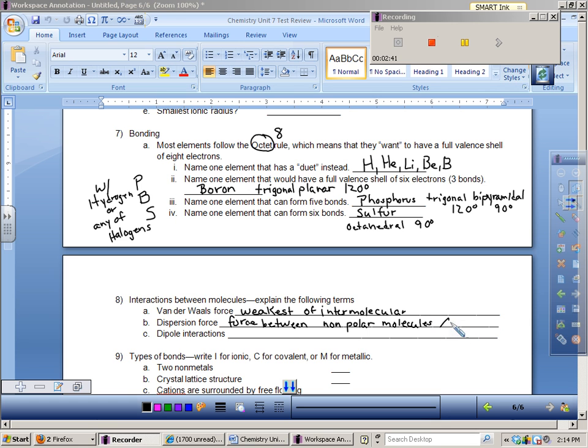And that's going to be the one that's caused by vibration of electrons. Dipole is going to be the force between our polar molecules. And this is due to our difference in electronegativity.